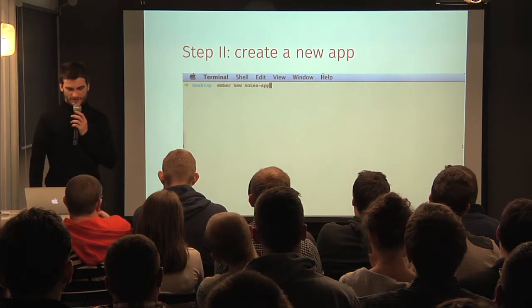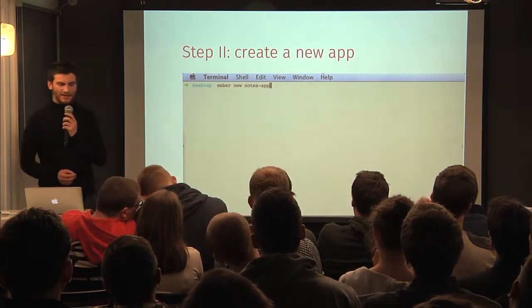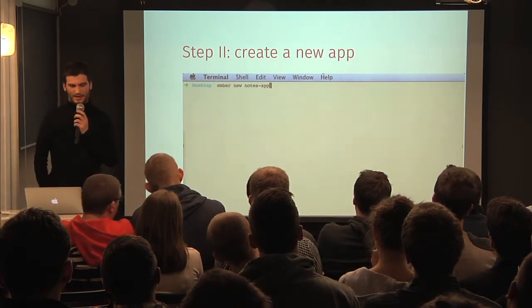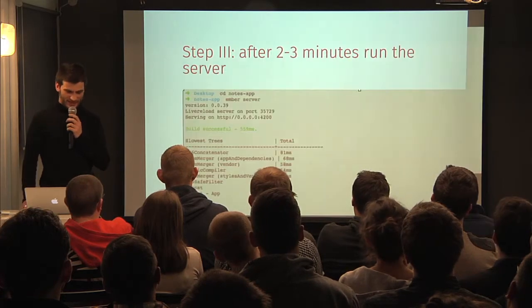So I just type in that we are going to create a Notes app, let's say. I type ember new notes-app, wait some time, and after 2 or 3 minutes, we are going to have it there. So we can then type ember server.